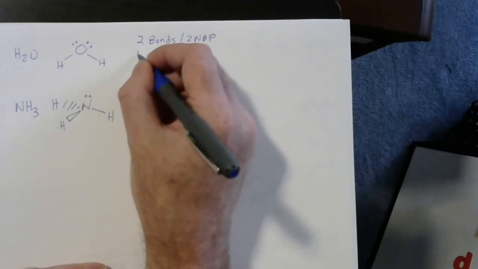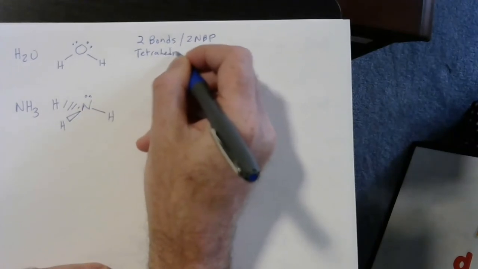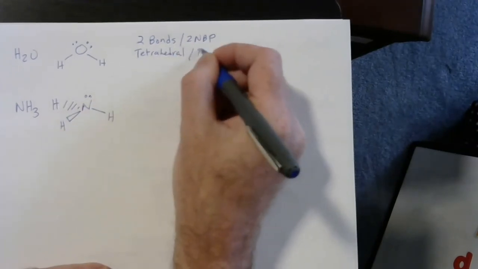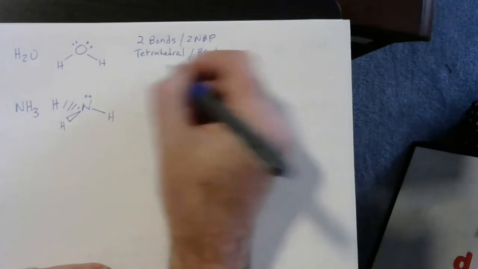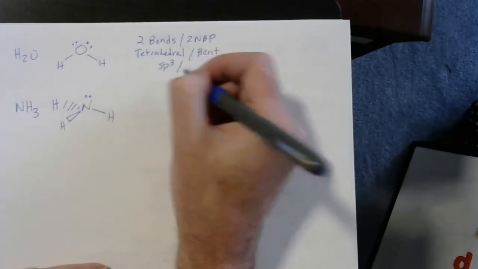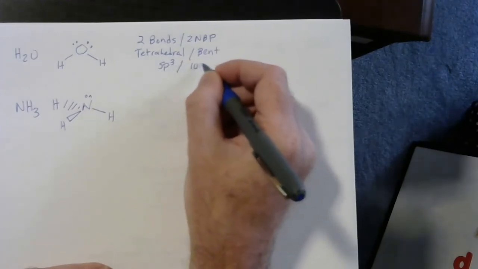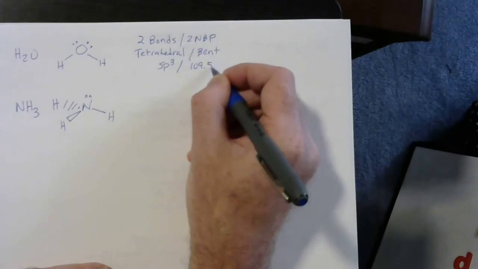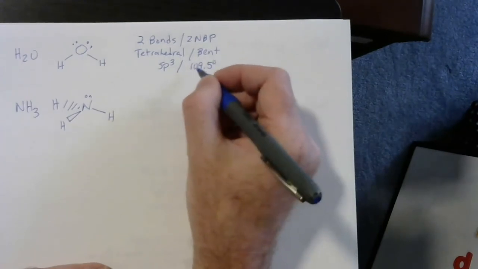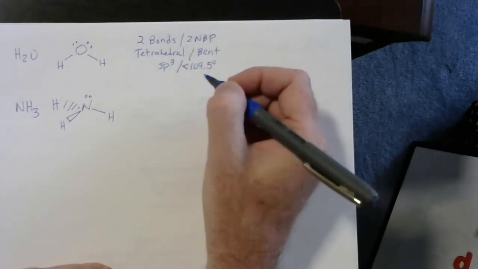So that's going to put me in a tetrahedral group, but this one is tetrahedral and bent. That's going to be an sp3 hybrid, and then the bond angle for tetrahedral is 109.5. We talked about that being 104.5, but in this case, you won't know it for every molecule. So we're going to say less than 109.5.